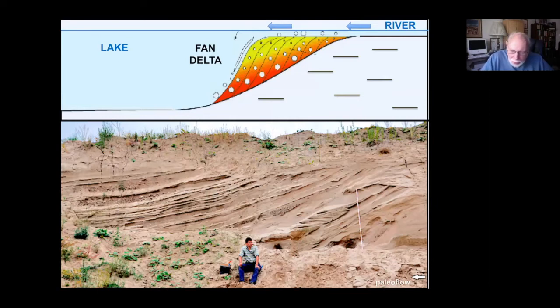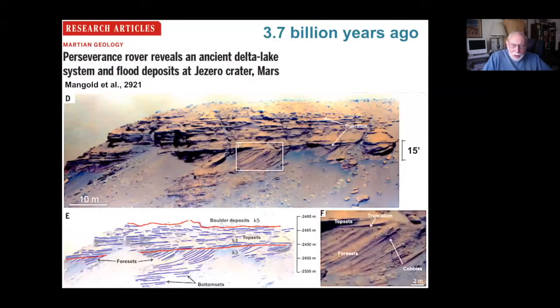And these are common in the geology of the Earth, but to find them on Mars meant that, I think without any question, Mars about 3.7 billion years ago did have liquid water on the surface.